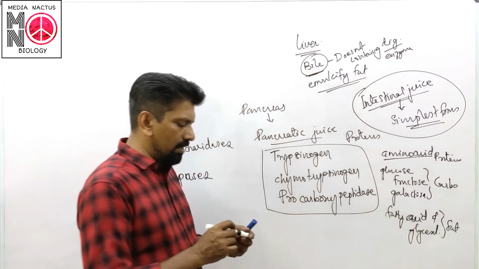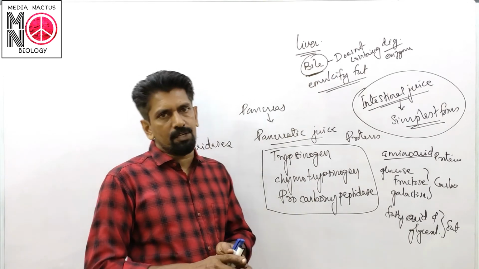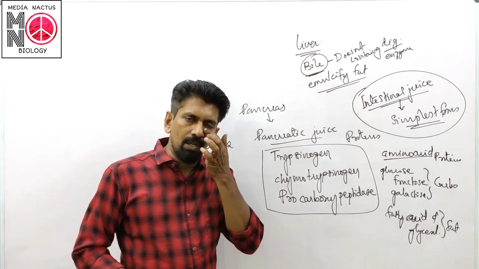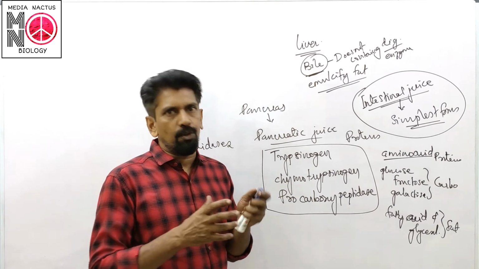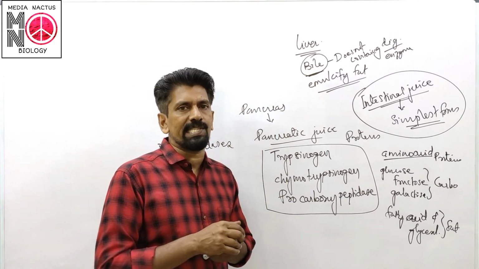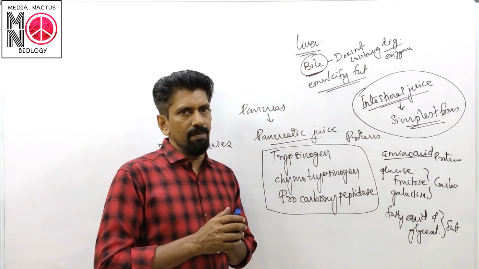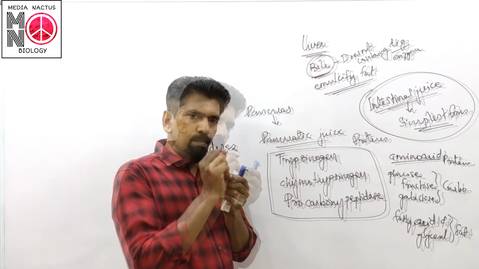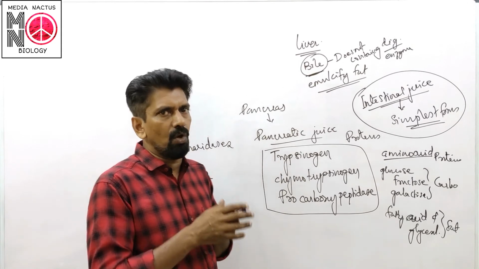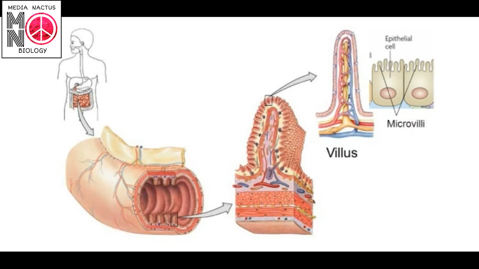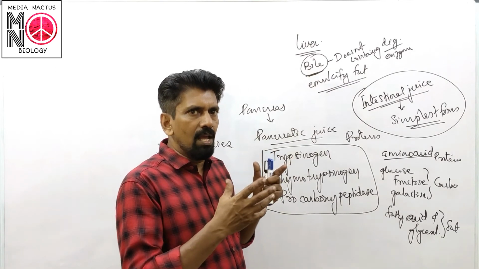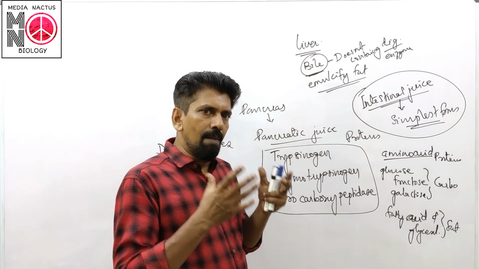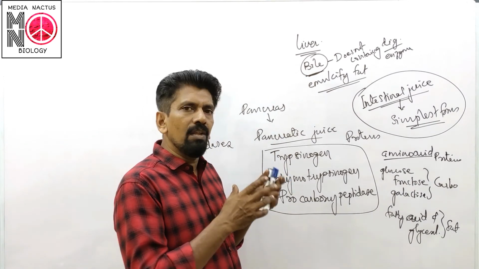Now the absorption takes place. The lining of the small intestine is equipped with finger-like projections, which are known as villi. The villi possess small outpushings known as microvilli. These villi and microvilli are equipped with a capillary network and lymph vessels.